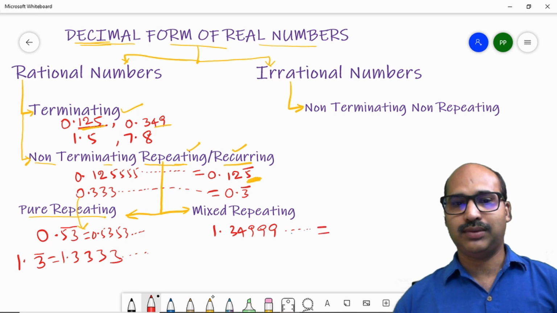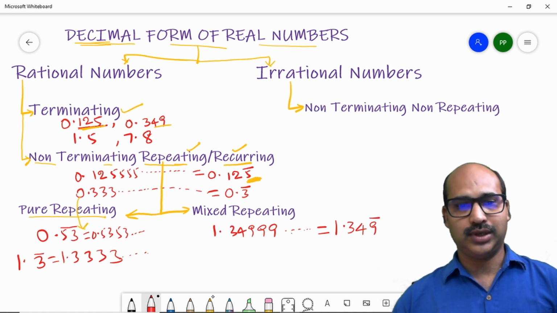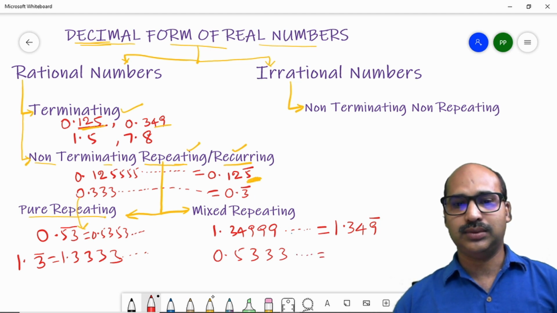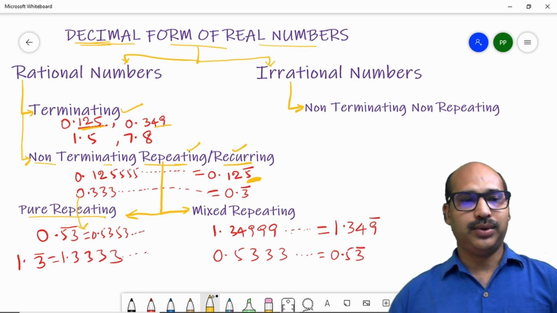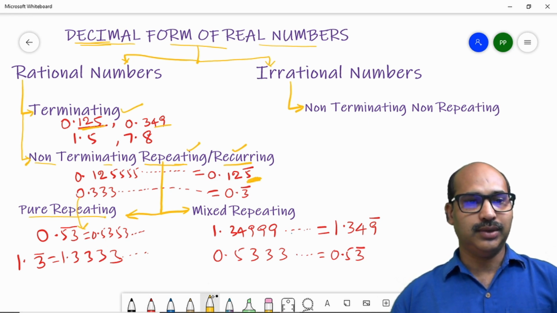So this is equal to 1.349 bar. One more example, 0.5333. This is equal to 0.53 bar.